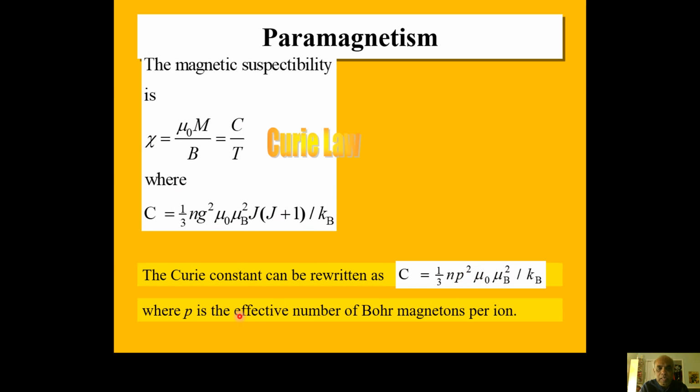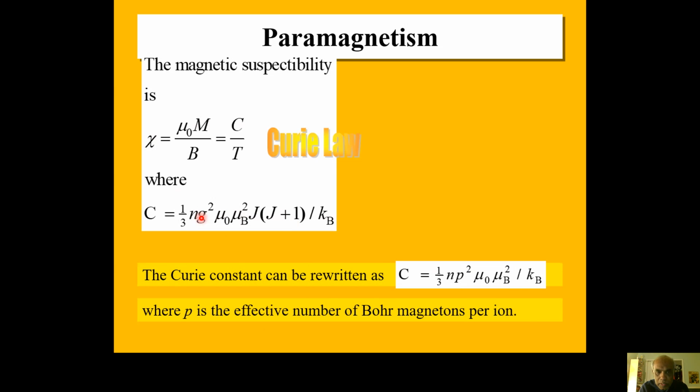This P is the effective number of Bohr magnetons per ion. So if you write this, you have mu0 mu B squared over k_B, and then this P is given as this, J plus 1.